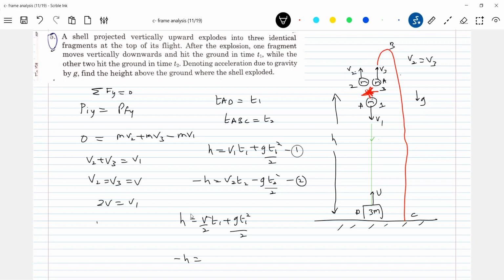And V2 is equal to V, so V T2. So what is the only unknown thing? That V can be eliminated, no, from this equation. Solving equations 3 and 4, I'll get expression for the H. Okay, this I'll write it, check calculation later on.